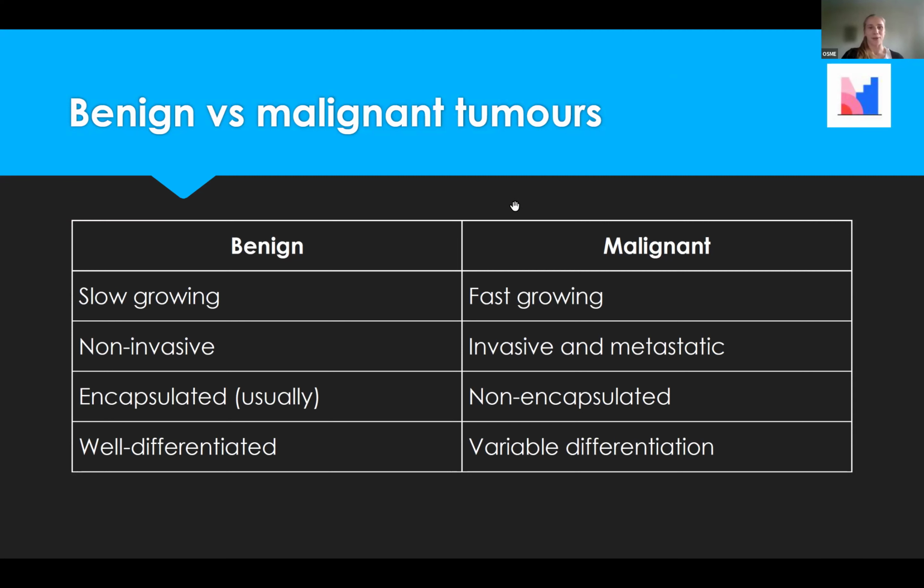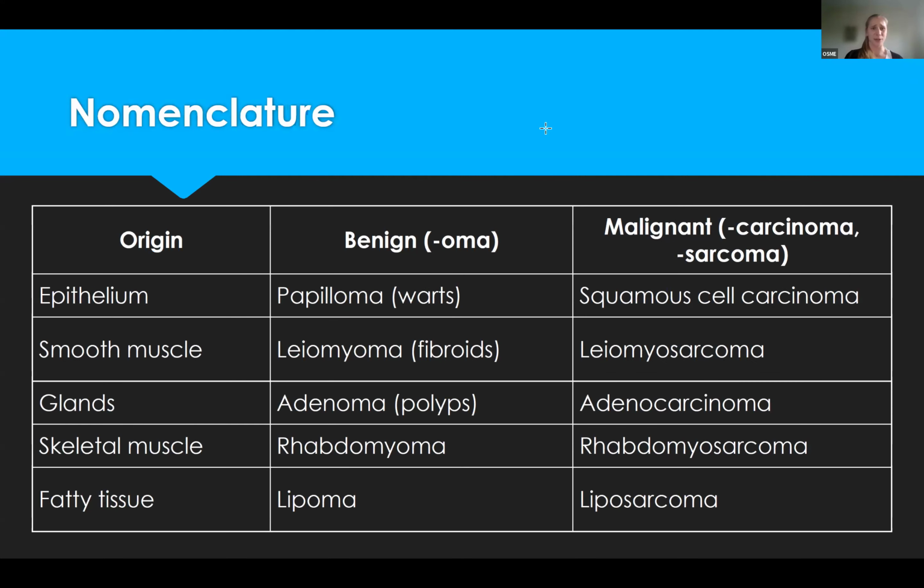So based on that, we're going to demonstrate some of the principles of the nomenclature. So you usually have this ending, which is either oma or carcinoma or sarcoma, depending on whether it's benign or malignant. And there are variable prefixes based on the tissue of origin. So as you can see for epithelium, it would be papilloma or squamous cell carcinoma. This is why you can see loads of squamous cell carcinomas in different parts of the body.